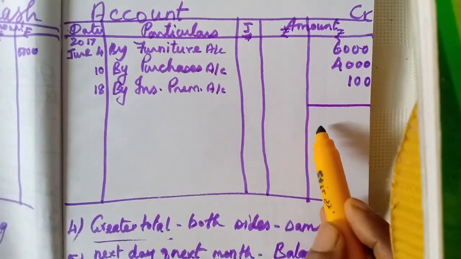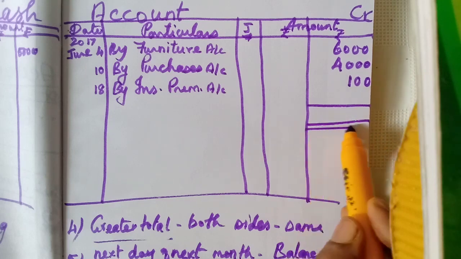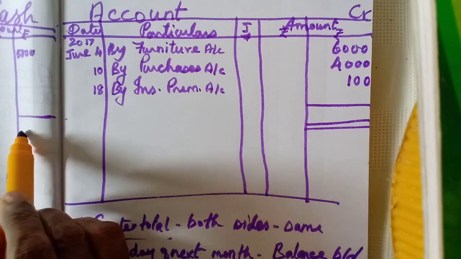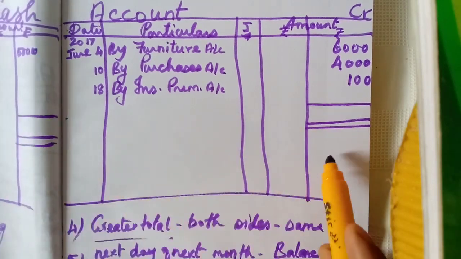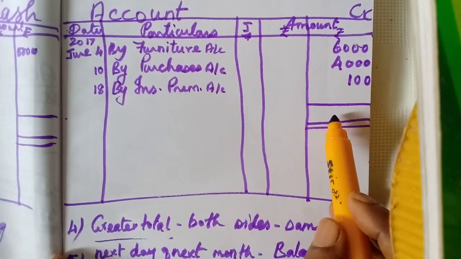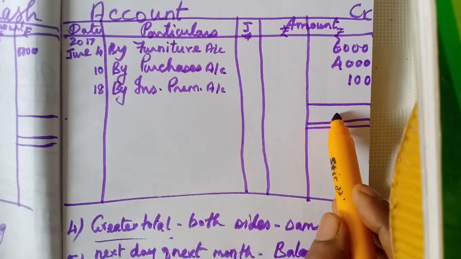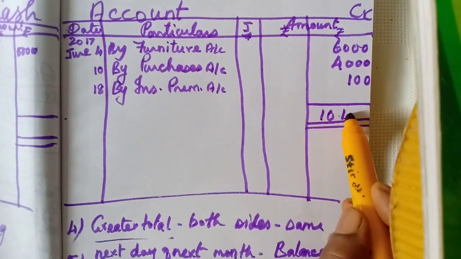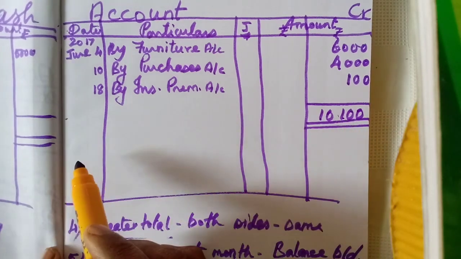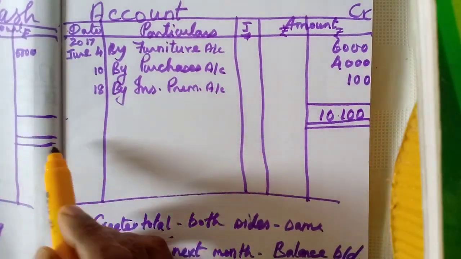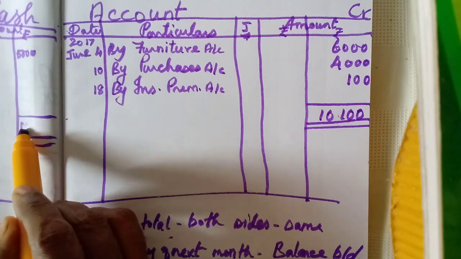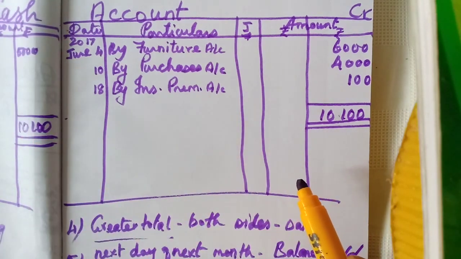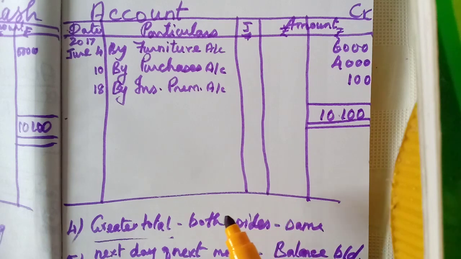So you draw one line, then next line you draw two lines. Okay, this is the procedure. Then write the total on both the sides, greater total. See, 10,100. Same total you write here also, 10,100.